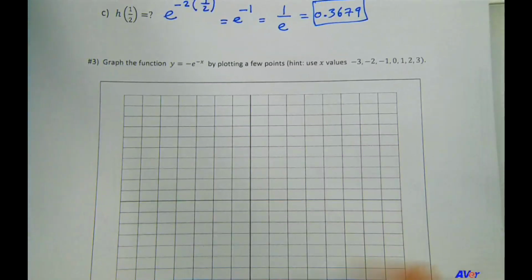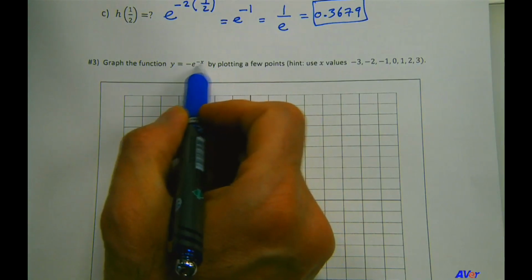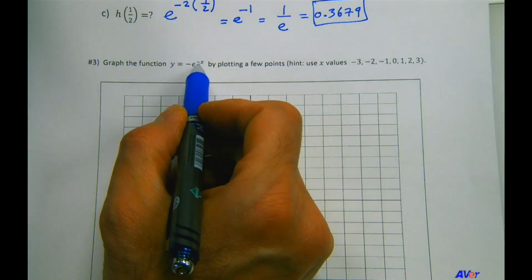Okay, so here they want us to graph this natural exponential function, which is of course manipulated somewhat, right? We have a minus in front, then we have a negative symbol in front of the x.